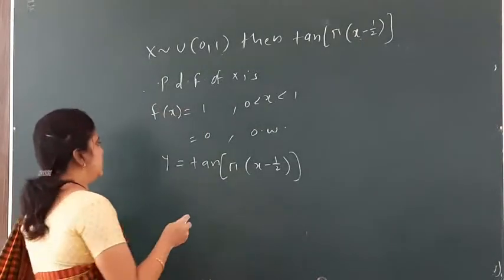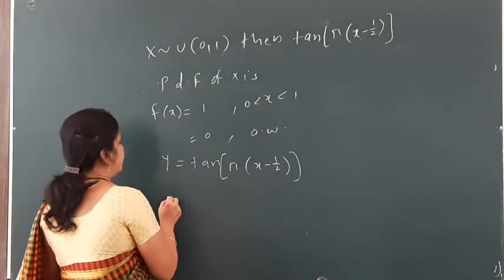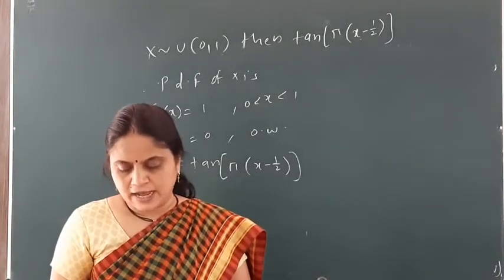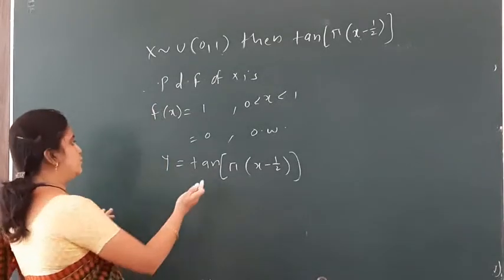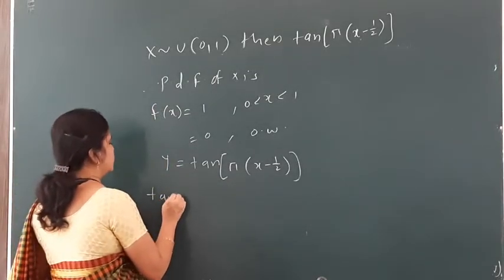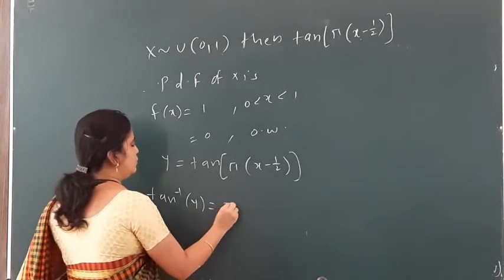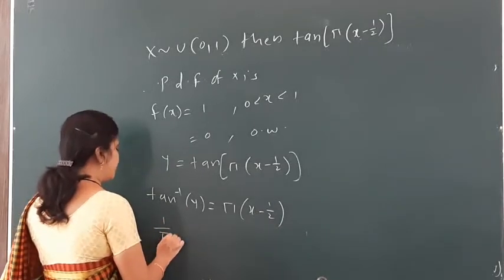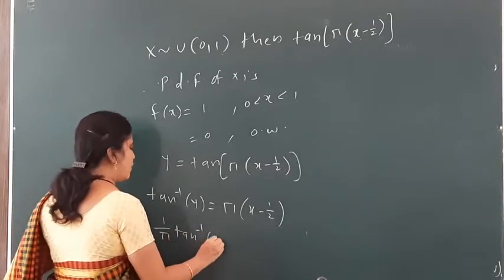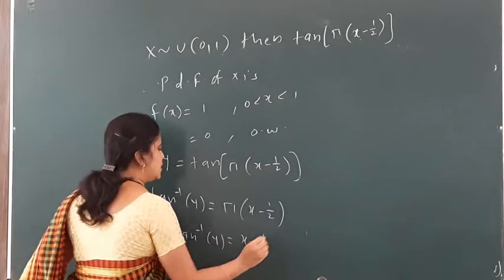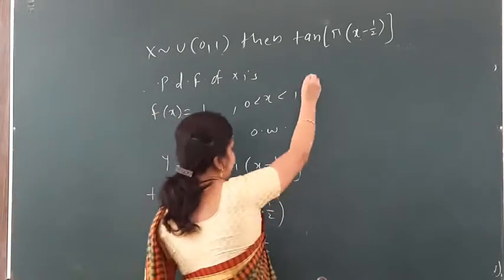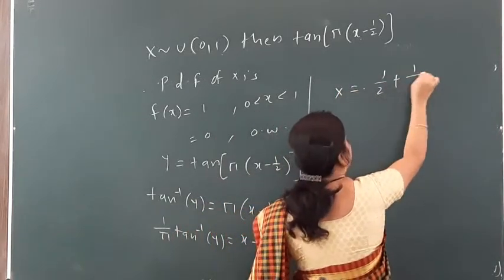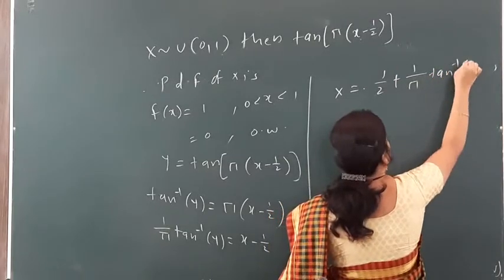Since it is tan, tan can be inverted over here. So tan inverse of y is equal to pi into x minus half. Again, 1 upon pi tan inverse of y is equal to x minus half. I need to find the value of x. Hence x is equal to half plus 1 upon pi tan inverse of y.